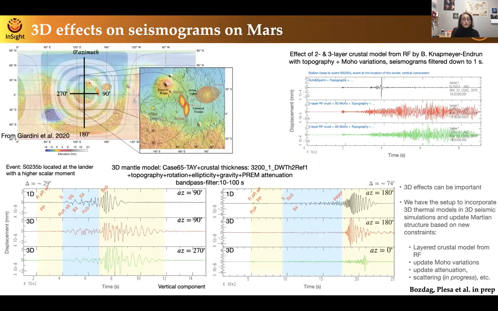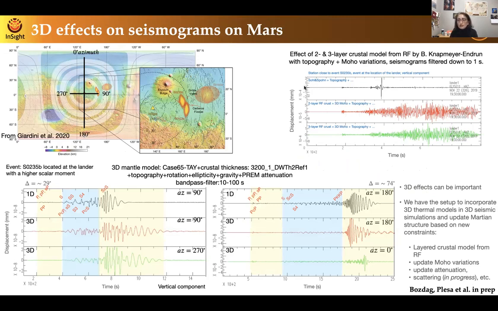So what I am doing with my group is, again, we are trying to take advantage of 3D modeling to further analyze these seismograms. For instance, here you see our efforts to simulate something similar to what we are observing as Mars data.